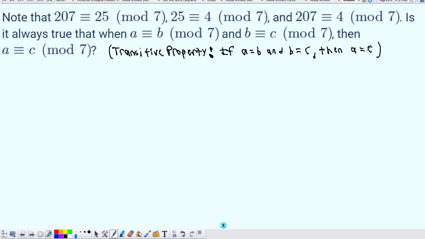What we're trying to do is demonstrate the modular equivalent of that. Is it also true under the modular arithmetic system and not just the basic arithmetic system?